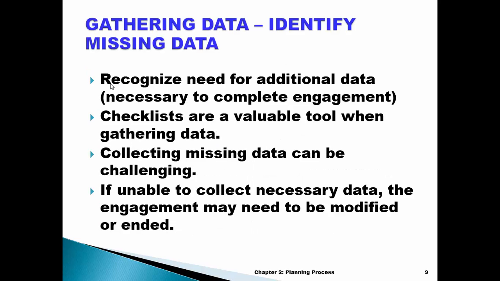So, how do we ultimately identify missing data, right? First of all, I think one of the things is we have to realize that there's almost always going to be additional information that we need. There's always going to be something that's lost. One of the things that I found out is it's nice if you have a checklist, right? When you meet a person, they say, well, what is it that you need from me?